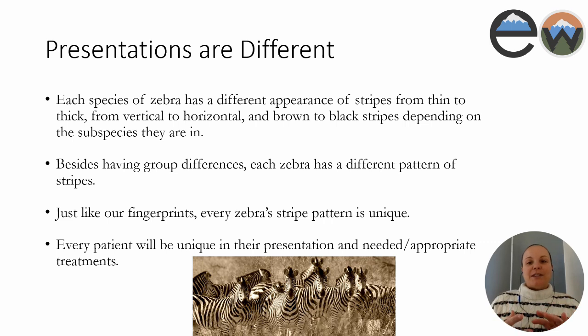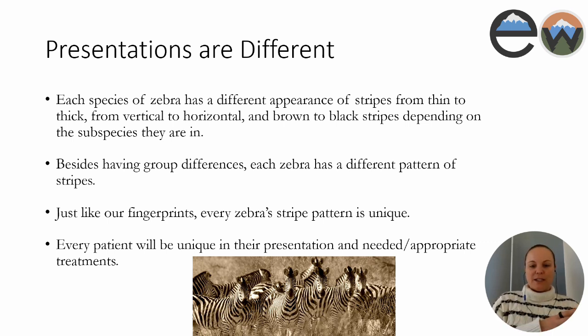So about zebras in and of themselves, they're actually pretty neat for those that have looked into zebras. Every species of zebra has a different appearance to the stripes that they have. They can be thin, thick, vertical, horizontal, brown, black, different variety of colors depending on the subspecies that they're in. So everybody's a little bit different.